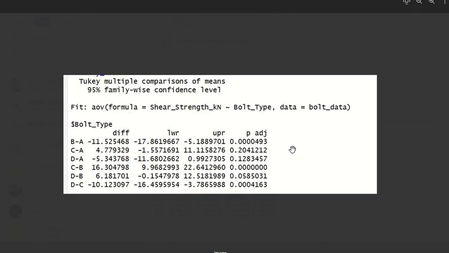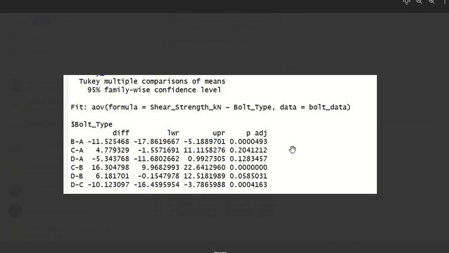Again we are skipping a lot of the equations and formulas, where it works on the difference. You can see the difference for A and B is minus 11, and the p-value is 0.000 something. So this means the difference is too high.